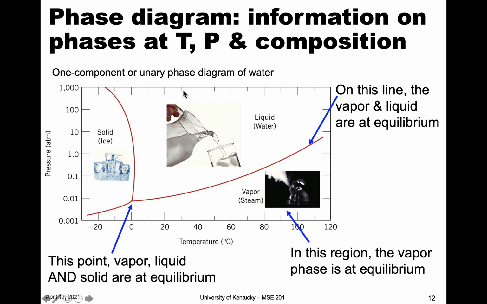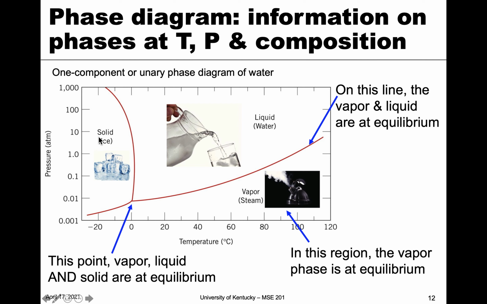I want to make one caveat for all of this: in all of these, we talk about phases at equilibrium. This concept of equilibrium means that there can be situations where at 20 degrees, ice is present, right? It's room temperature, and you may have ice in your cup.